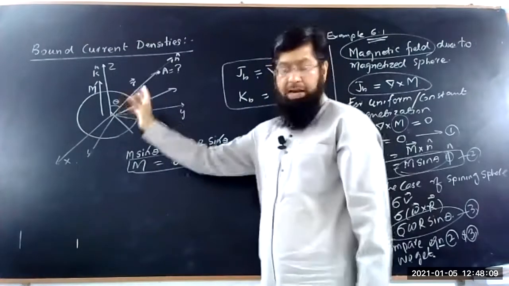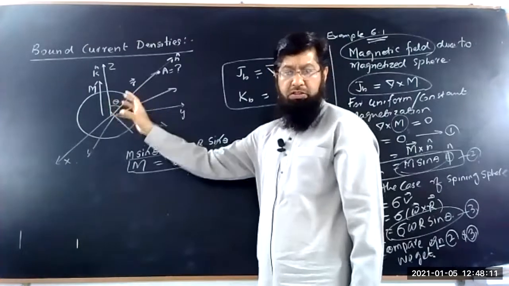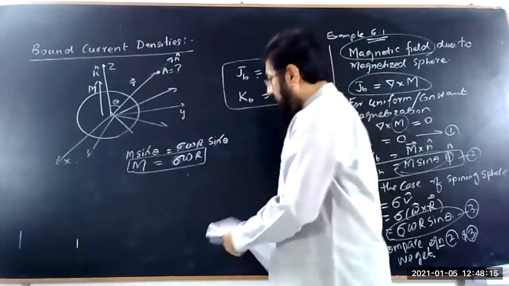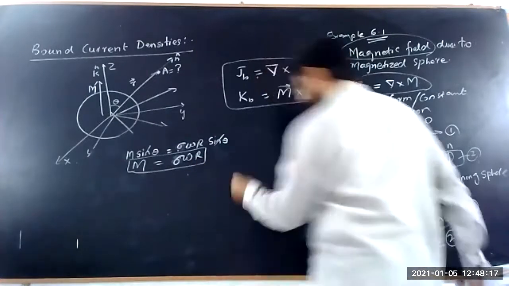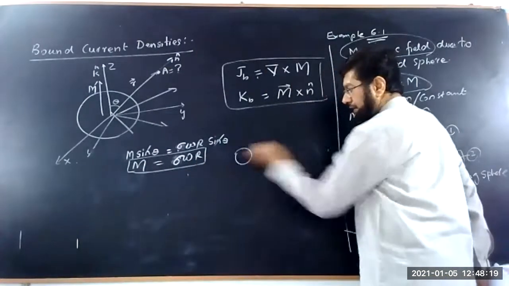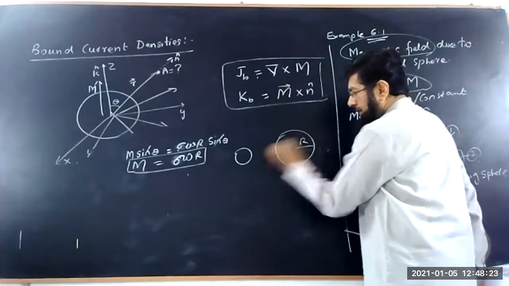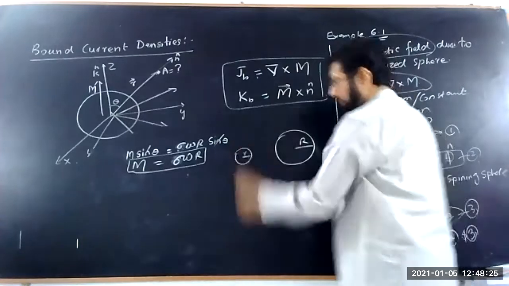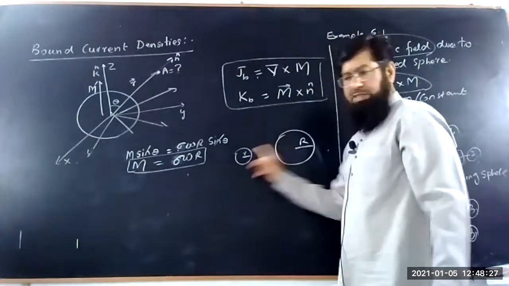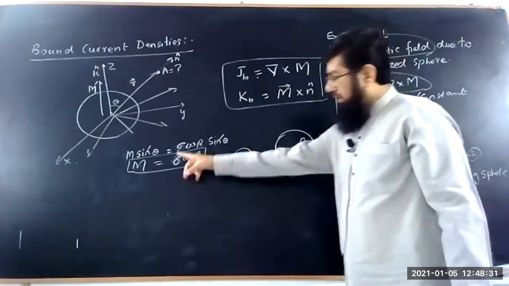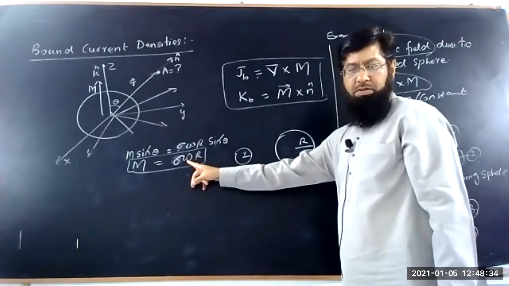Omega is its angular velocity, rotational velocity, and r is the radius. It means if we have this sphere with radius R, and this is another sphere with small radius r, both spheres are spinning with the same angular velocity.